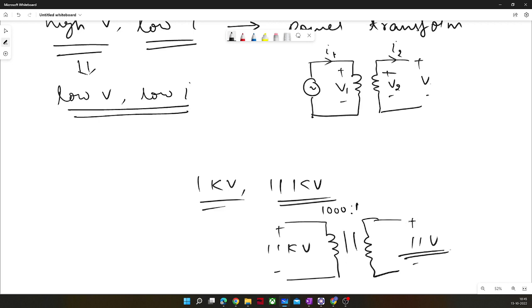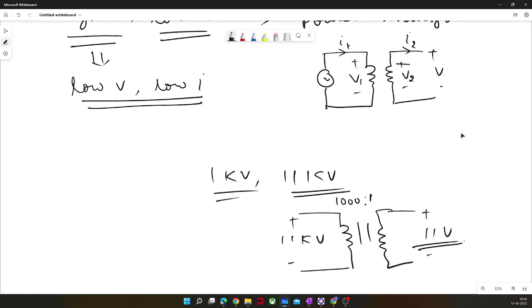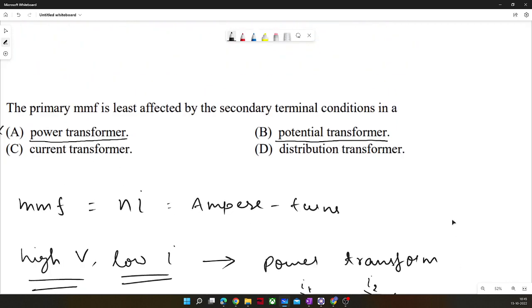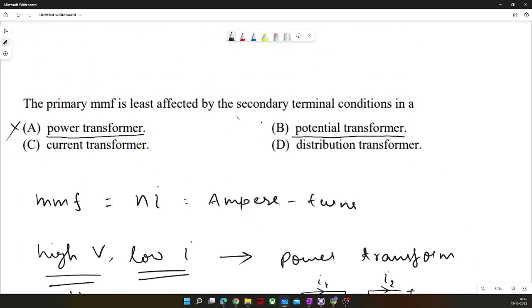But again, it depends on your load because all voltage induced transformers depend on your load condition. So the potential transformer makes it easier to measure your secondary terminal voltage, but it is again depending on your terminal condition. So I will again eliminate it.